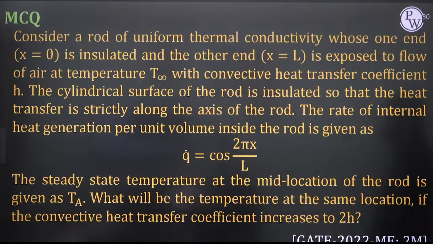So there is a rod of uniform thermal conductivity K. One end, x is equal to 0, is insulated, and the other end, x is equal to L, is exposed to flow of air at a temperature T infinity with a convective heat transfer coefficient H. The cylindrical surface of the rod is insulated so that the heat transfer is strictly along the axis of the rod. The rate of internal heat generation per unit volume inside the rod is given.